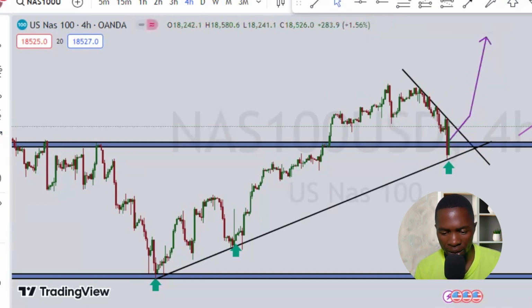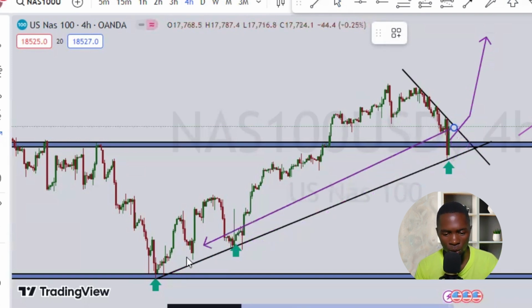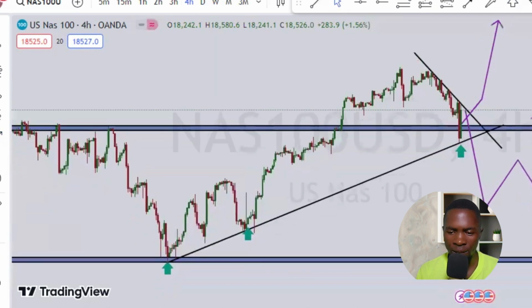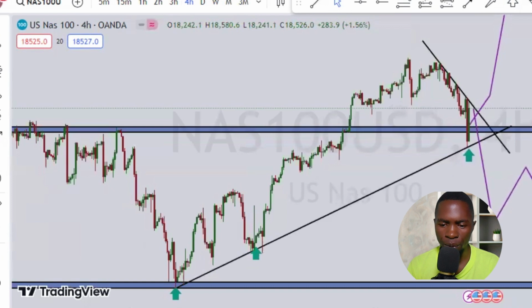But also, if the market reverses from here, breaks this trend line at the bottom around here and retests around here, then I can also take my trades to the downside. So that's what I'm expecting on 4-hour on NAS 100.